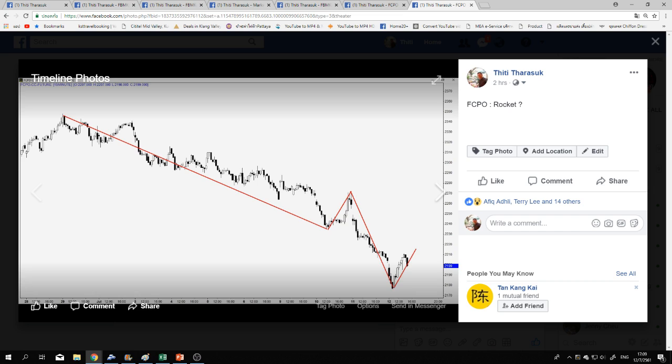If you are a trader, you already know this is a rocket pattern that failed. Why did it fail? Because some of the heads of gangster didn't follow.